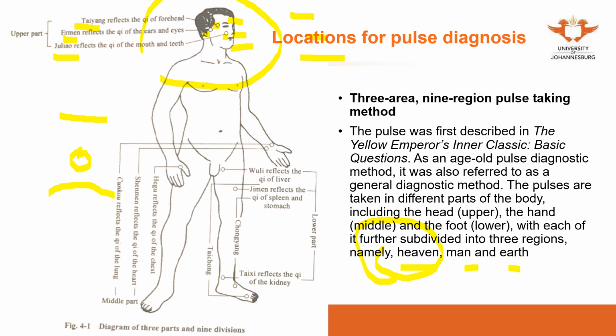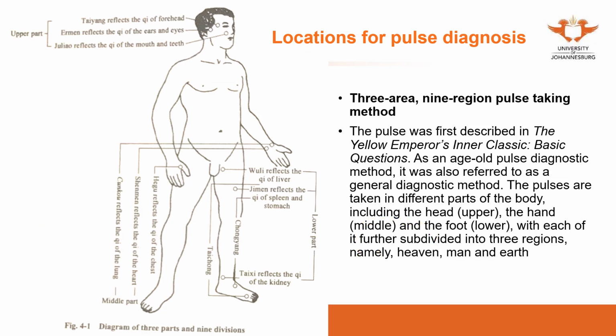So they choose three different arteries to identify the situation in the head area, in the upper body, in the hands for the limbs, and in the legs for the lower part of the body. This is the pulse diagnostic method in the Yellow Emperor's Inner Classic.